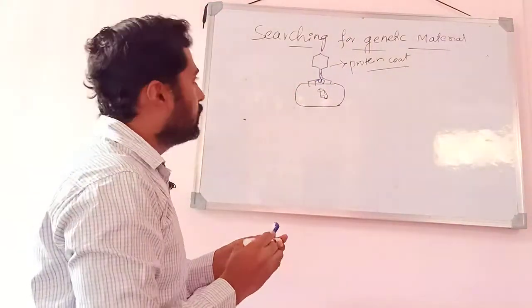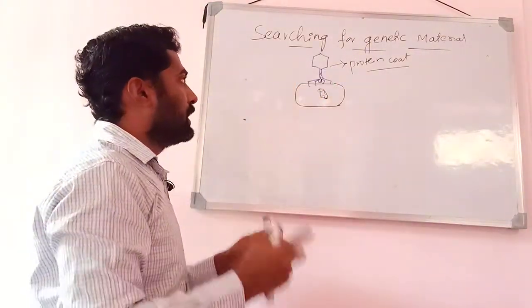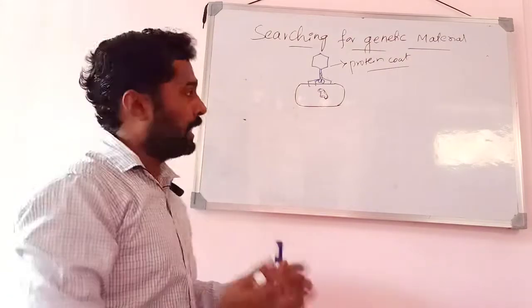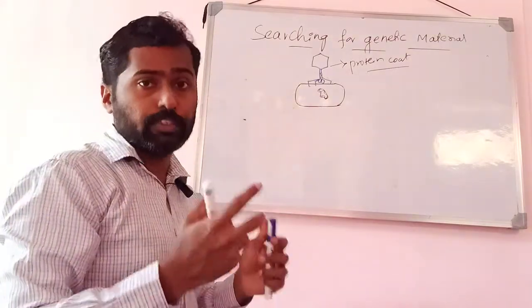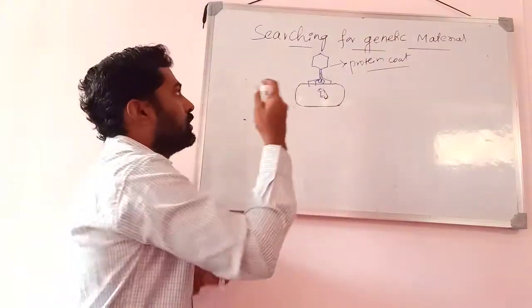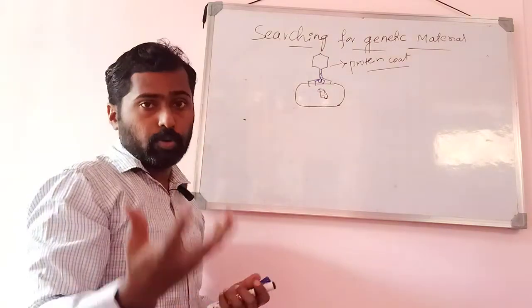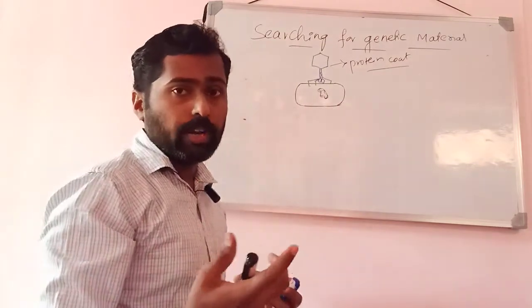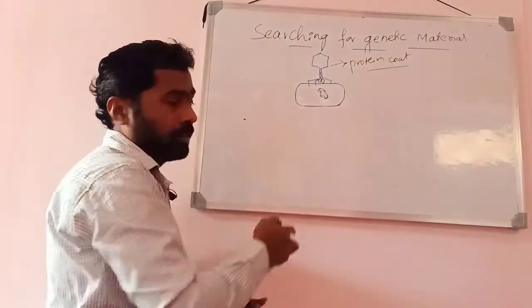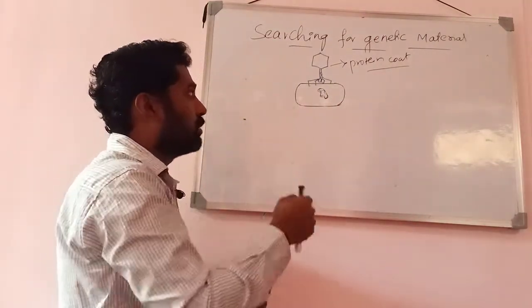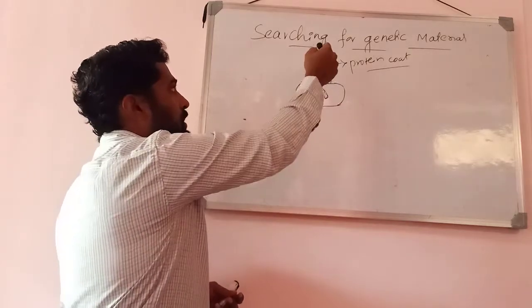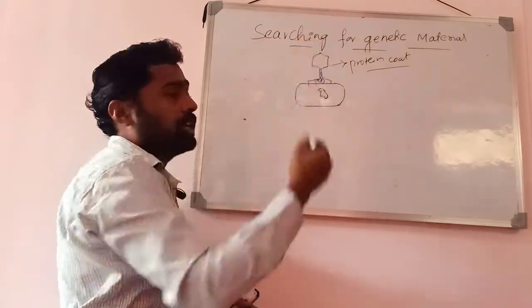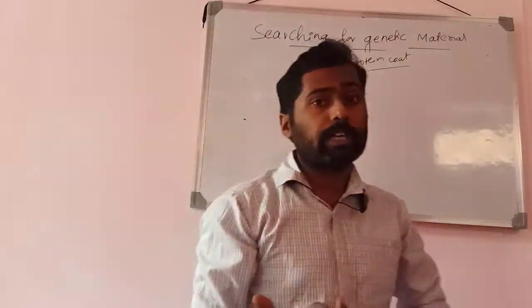Remember, they were grown on media consisting of phosphorus 32 and sulfur S35. The S35 labels the protein, whereas the P32, the radioactive element, labels the DNA. DNA is labeled with phosphorus, whereas proteins are labeled with sulfur, because sulfur is not found in DNA.